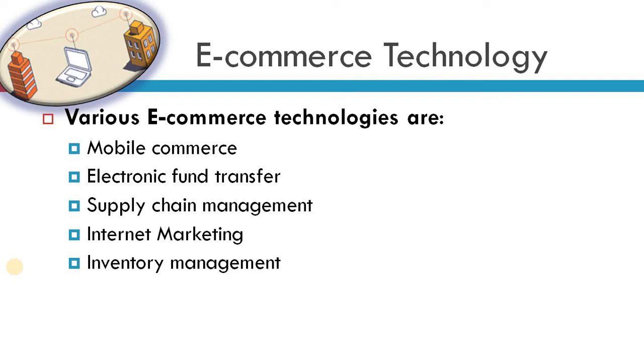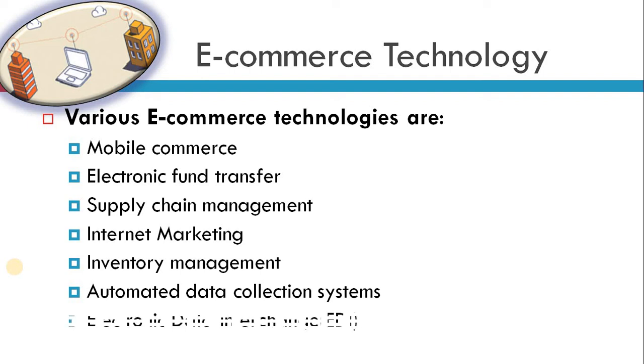Now if we talk about Amazon, it is managing its inventory using e-commerce. Automated data collection systems. Now whenever you are performing some kind of search, automatically that data is collected and it is used for further references.